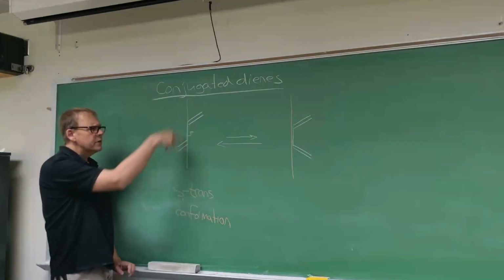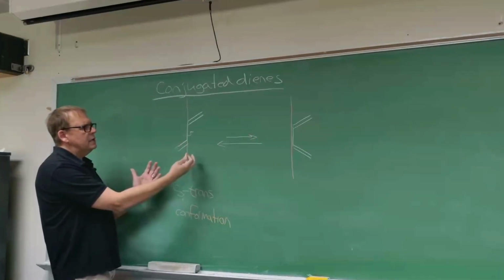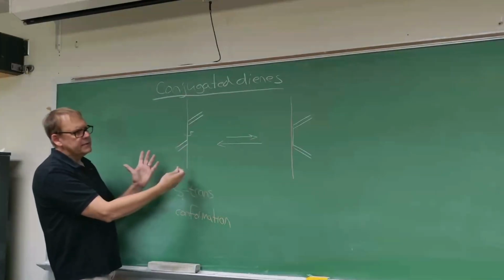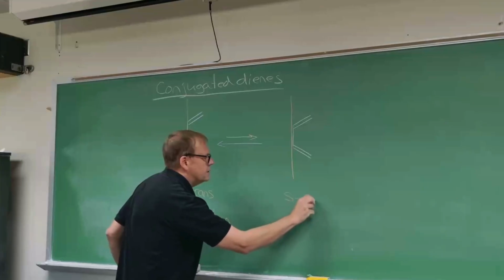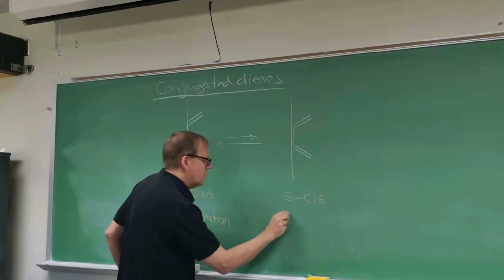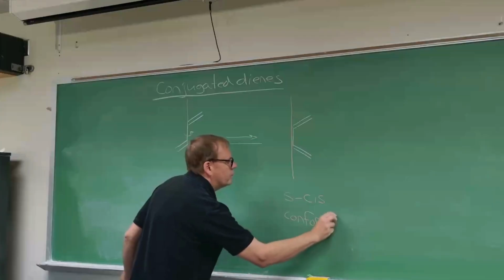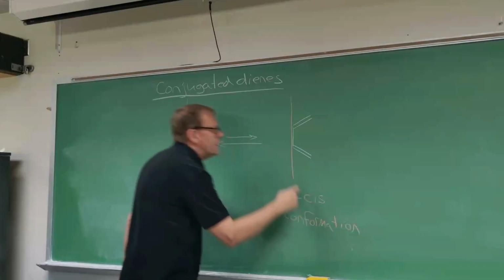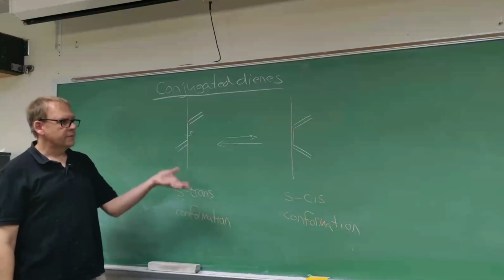It's talking about what's going on at the single bond, so s-trans, that the alkene pieces are on opposite sides of this line. This one is called the s-cis conformation, because the two alkenes are on the same side of that line that the single bond is defining.